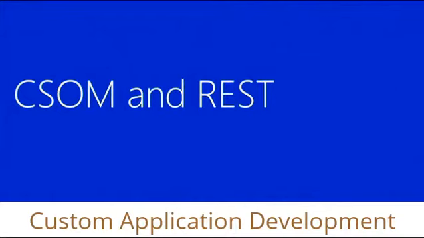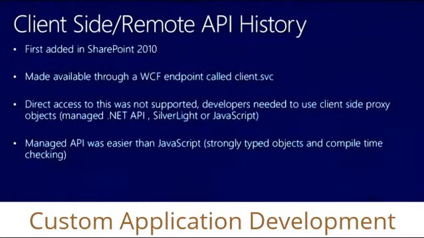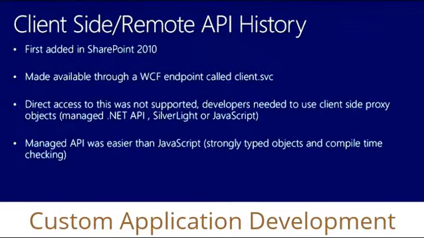Clearly, for us to remotely interact with a SharePoint farm, it was kind of tricky because in the client-side object model in 2010, there wasn't a lot of functionality. And even on the REST endpoint side, there wasn't that much there. So it was first introduced in 2010. There's a WCF endpoint there, which many of you may have worked with, client.svc. It was never directly accessible.